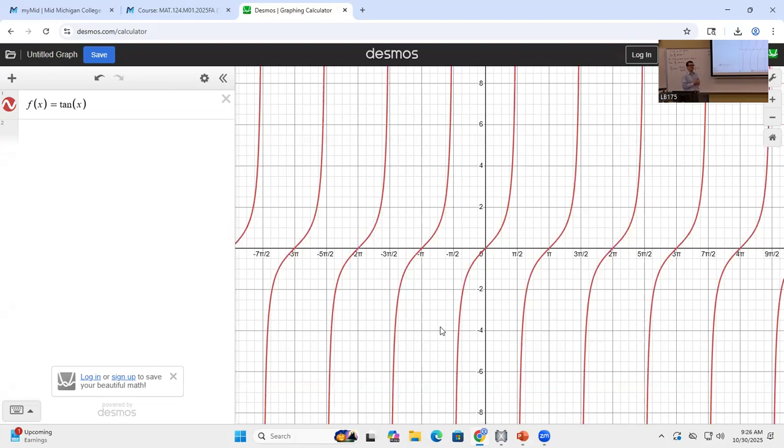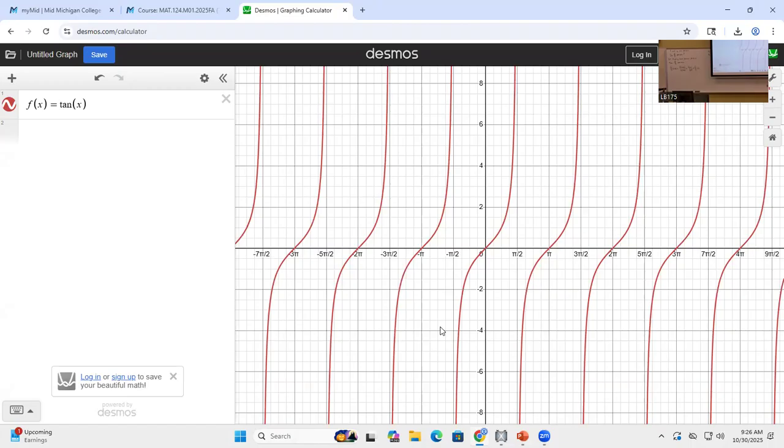That should make sense because, like we said, tangent can be thought of as sine over cosine, and the zeros of cosine are pi over 2, 3 pi over 2, 5 pi over 2, et cetera. Okay. And also notice where it crosses the x-axis.